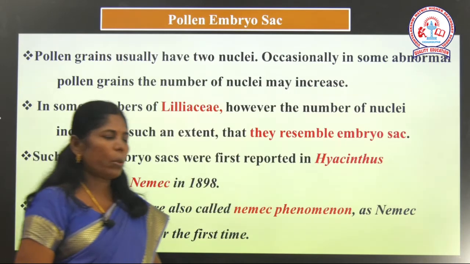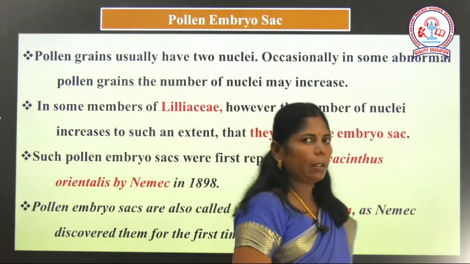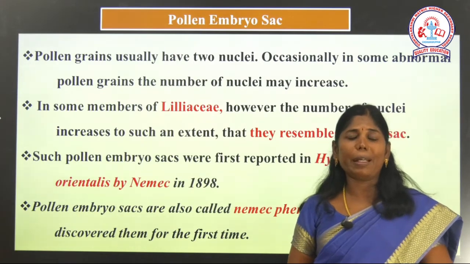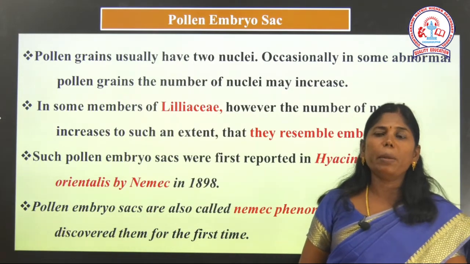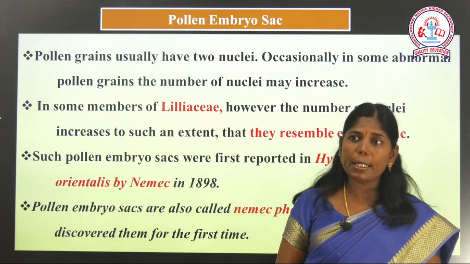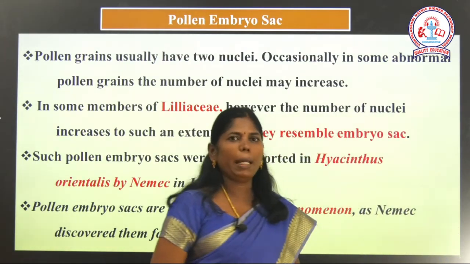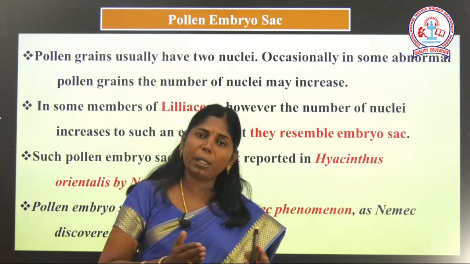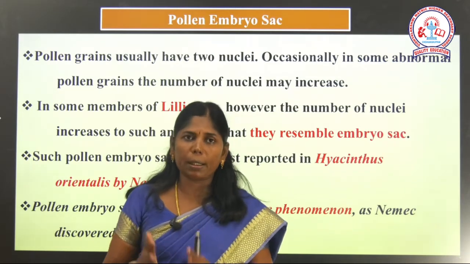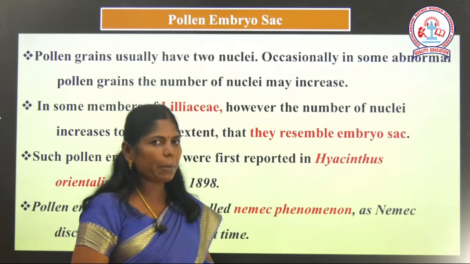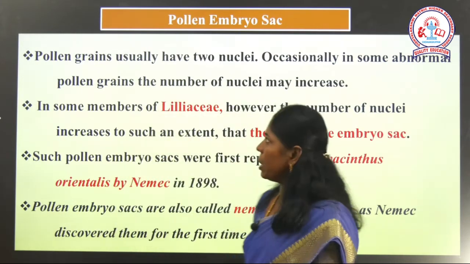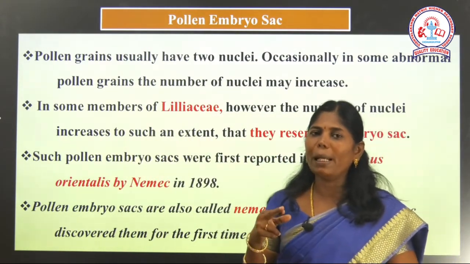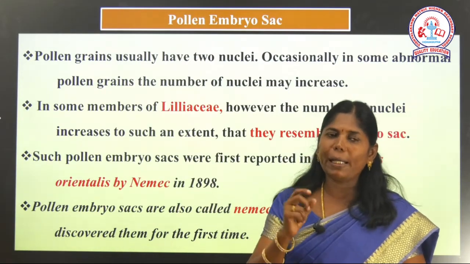And the last one we are going to see is a very interesting topic, that is the pollen embryo sac. Actually, we know very well embryo sac means the female gametophyte, and pollen is the male gametophyte, isn't it? So how do we call it a pollen embryo sac, when pollen is the male part and embryo sac is the female one? In some cases, the pollen grain usually has two nuclei, the 2 male gametes formed in the male gametophyte.